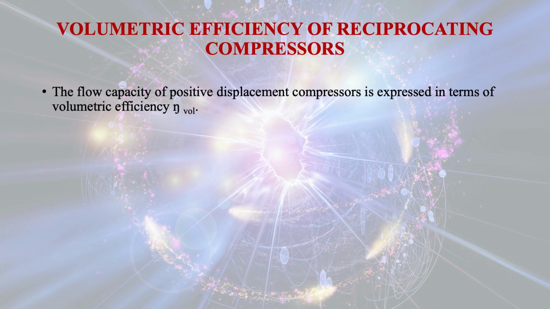Now we will talk about the volumetric efficiency of reciprocating compression. The flow capacity of a positive displacement compressor is expressed in terms of volumetric efficiency, that is, eta volumetric efficiency is equal to mf small v1 divided by PD.